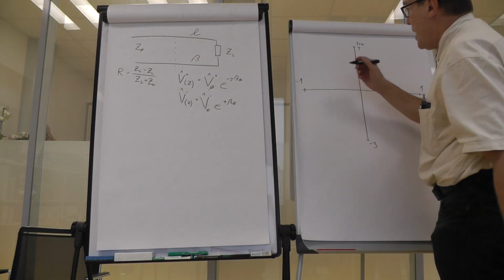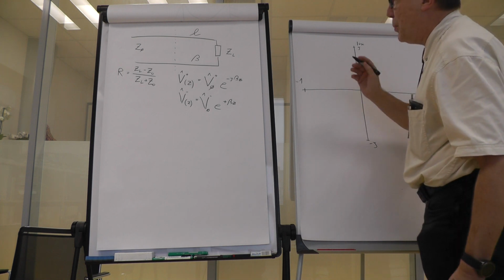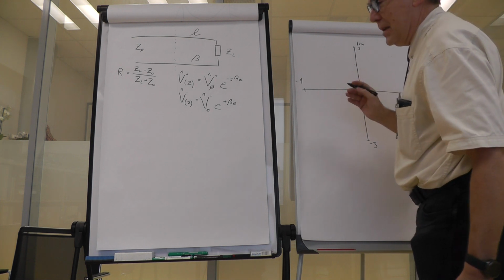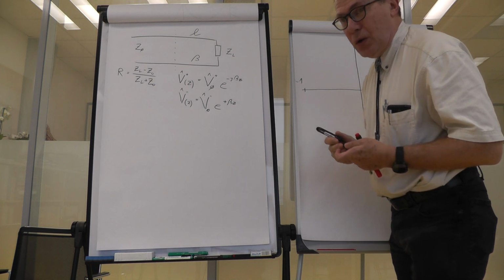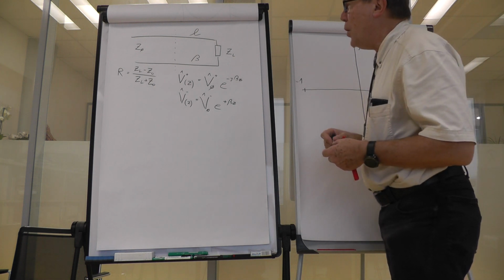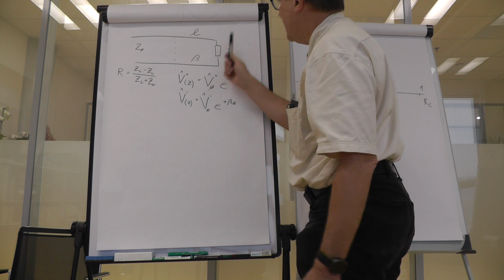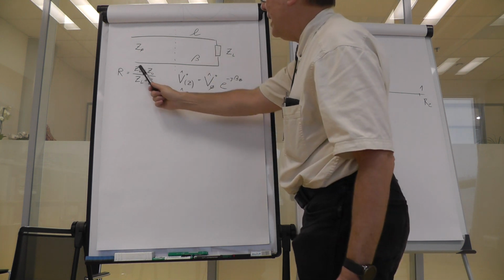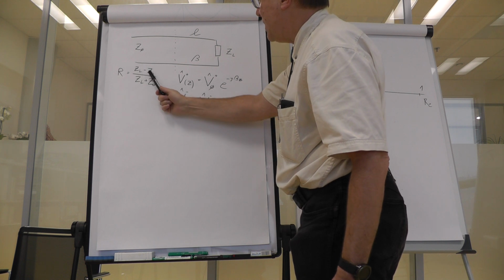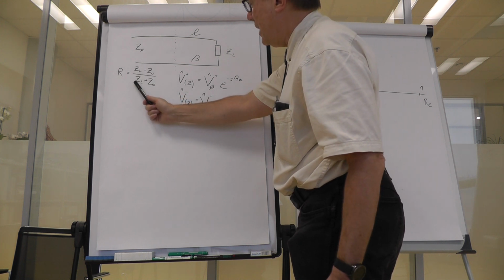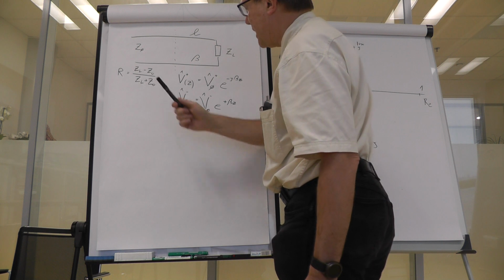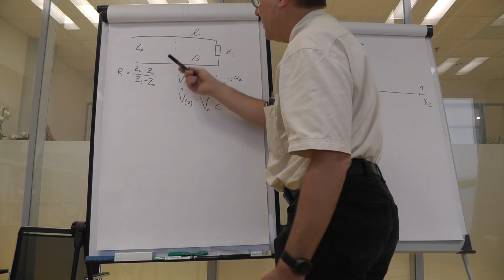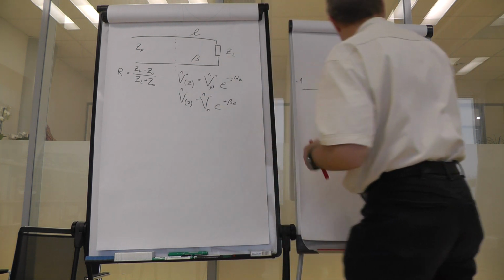And now we, for example, put a 100 ohm load onto a 50 ohm line. So if that is 100 and this is 50, let's count with me. 100 minus 50 is 50, and the denominator 100 plus 50 is 150. 50 divided by 150 is 1/3.